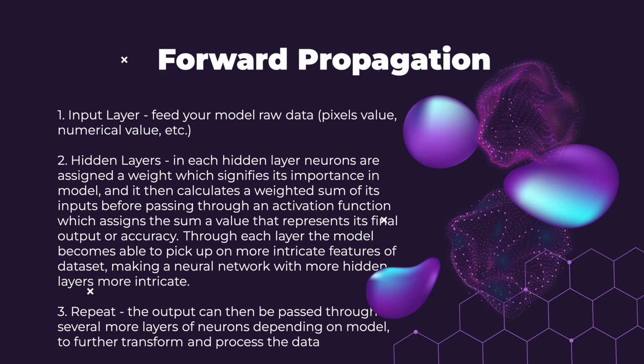In each hidden layer, neurons are assigned a weight which signifies its importance in the model. Then it calculates a weighted sum of its inputs before passing through an activation function, which assigns the sum a value that represents its final output or accuracy. Through each layer, the model becomes able to pick up on more intricate features of the data set, making a neural network with more hidden layers more intricate.